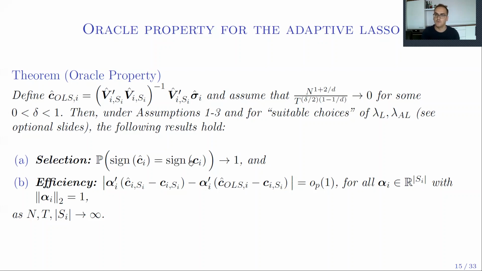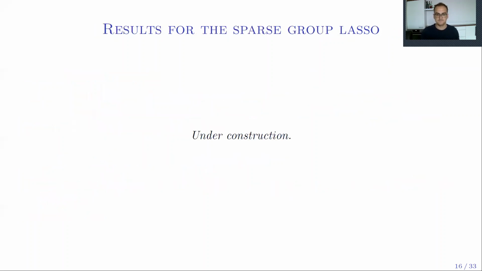So that's a strong form of selection consistency. And the limit distribution of our adaptive lasso estimator corresponds to that of the so-called OLS oracle estimator. And the OLS oracle estimator is the estimator that basically uses the information a priori which variables are the relevant ones. So that's kind of the best case scenario.